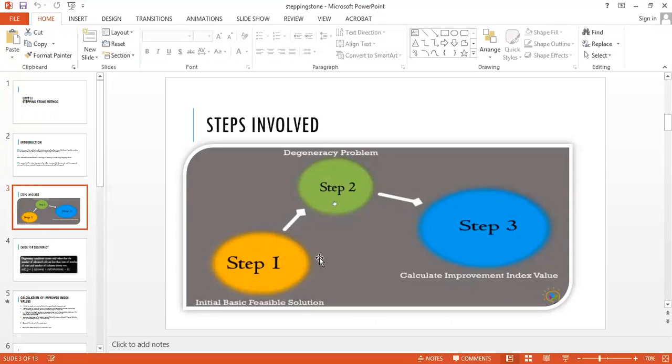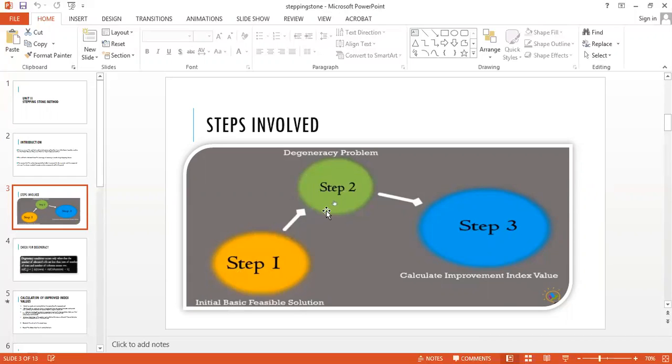There are various steps involved in this stepping stone approach. Here the first step is the initial basic feasible solution, which is the starting solution to this approach. The next step is the degeneracy problem. In this starting solution, we have to check whether that solution is degenerate or not.